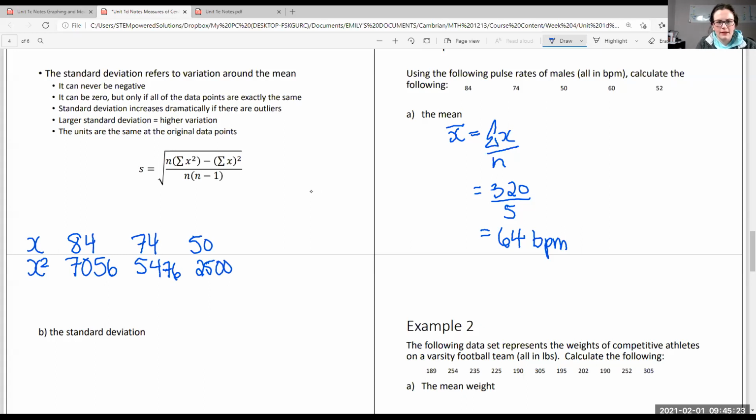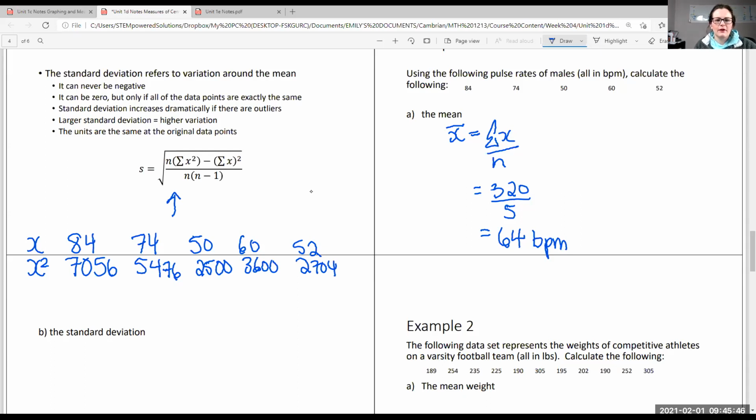Then we're going to have 60 squared. The reason why I'm squaring this is look at what is happening in this formula. We have x squared, so that's why we need to square our x's. So 60 squared is equal to 3,600. 52 squared is equal to 2,704.